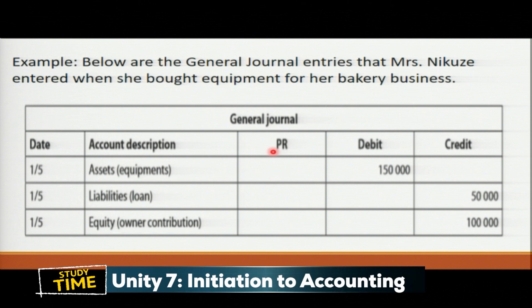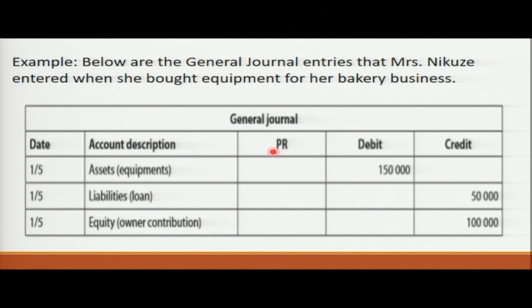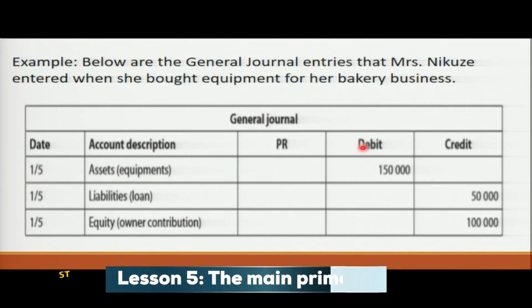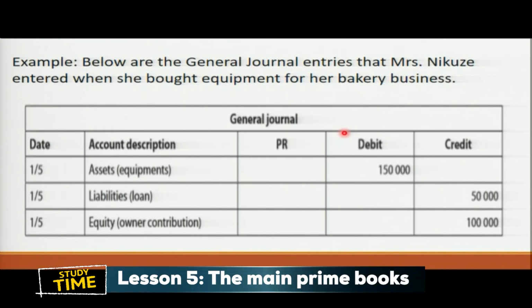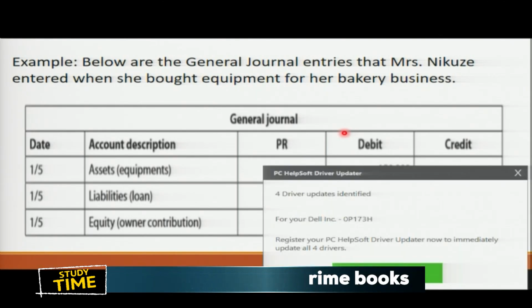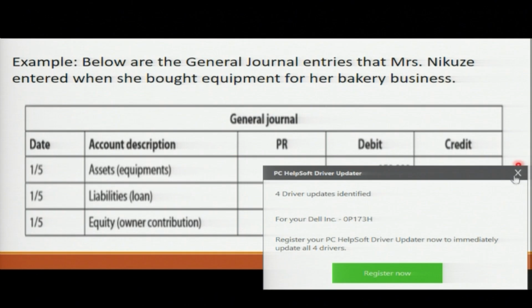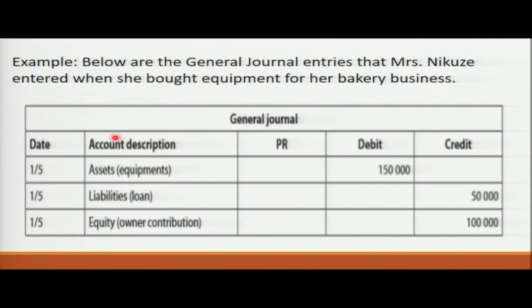PR, we say that it is posting reference. Yes. Then another column, it is for debit. So, as you are seeing, on account description, PR, posting reference, debit, credit. Those are the columns that we are having in the general journal.